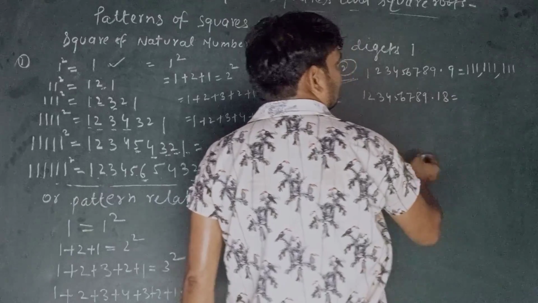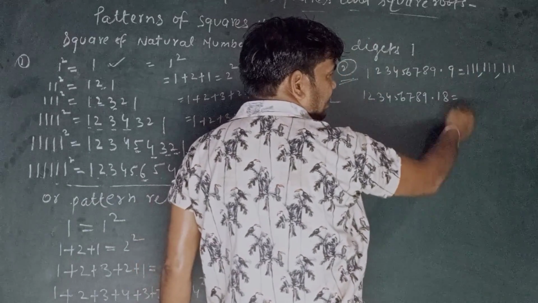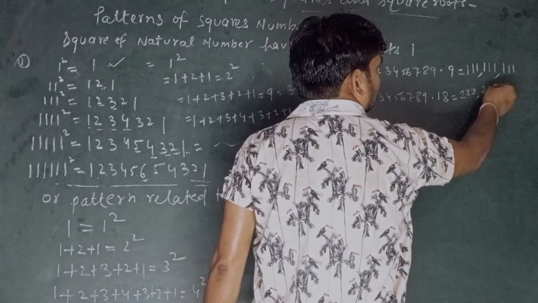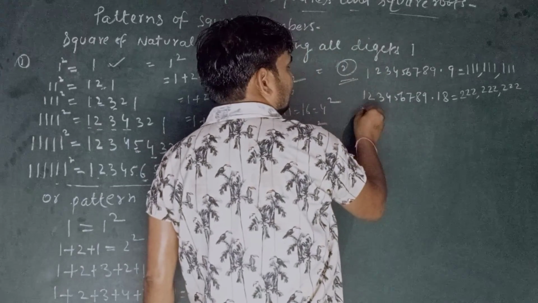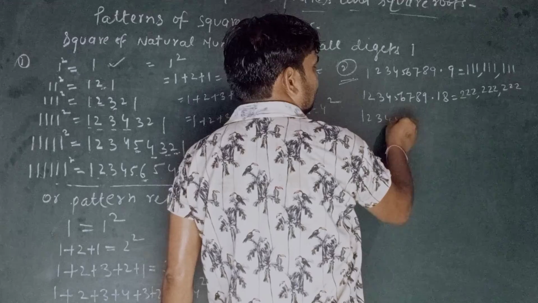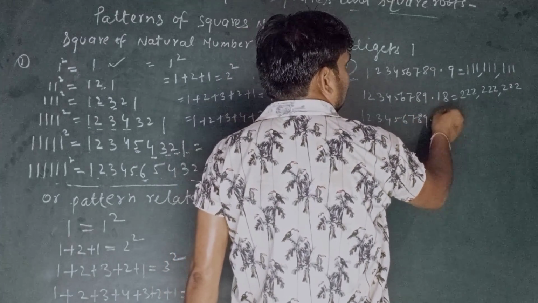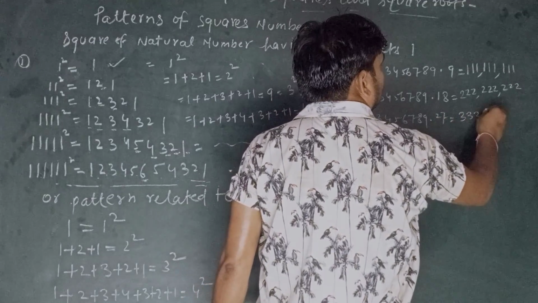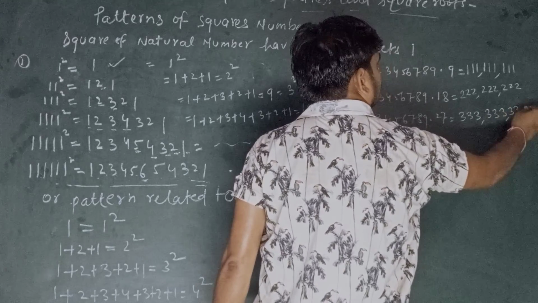See here, this is the table of 9, so we get 2 2 2 2 2 2 2 2 2. And in the same way, 1 2 3 4 5 6 7 8 9 multiplied by 27, we get 3 3 3 3 3 3 3 3 3.